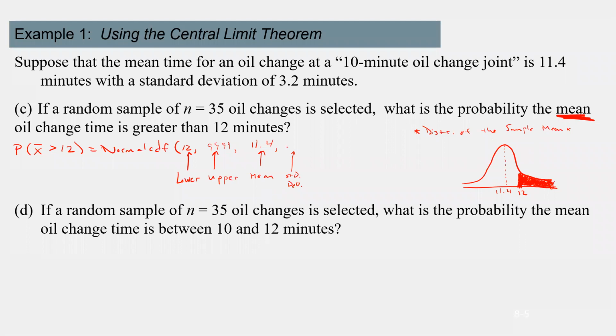Yes, perfect in the chat. Thank you so much. You don't use this one. You're always going to use sigma divided by the square root of n. So whenever you see a problem that says, what's the probability the mean is greater than or the mean is less than, that's the key indicator to use this.